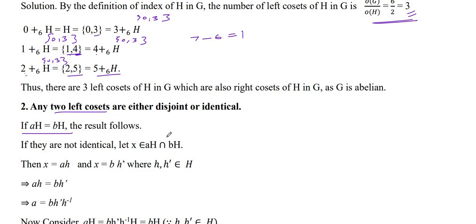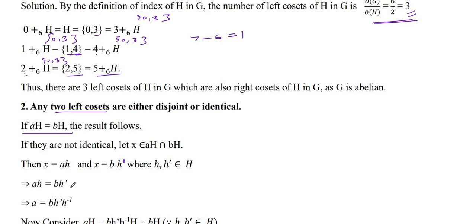Disjoint means their intersection should not have any element. Now suppose I consider x is in this intersection. x will be ah and x will be, say, bh prime, where h and h prime are in capital H. We can write like this.